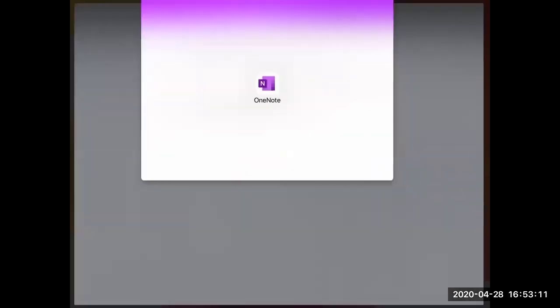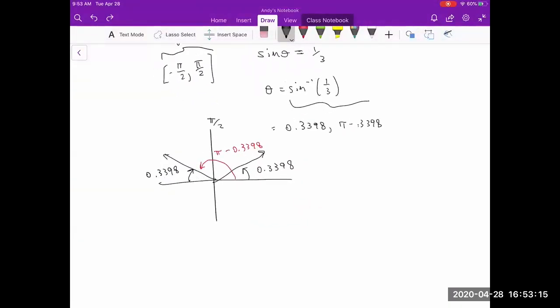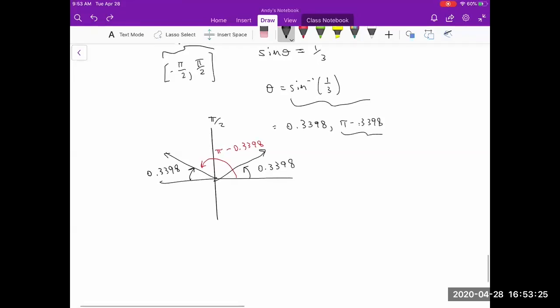The decimals were just there to justify that those were indeed the values of the loop. And by the way, pi minus sine inverse of 1/3 is about 2.801. I'll just round to one decimal place for each one.